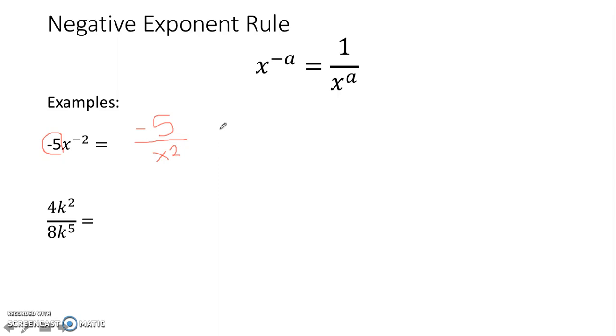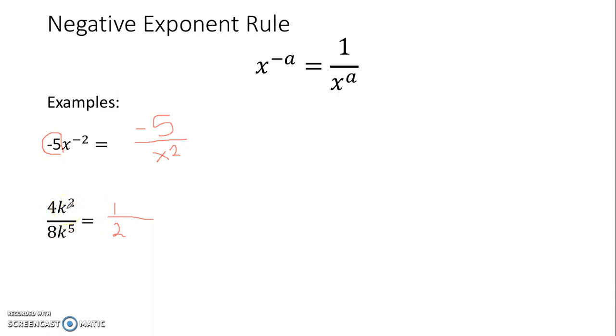Okay, the next one is 4k to the second power divided by 8k to the fifth power. Once again, we're going to do the same thing. This time we're going to be using the quotient rule that we learned earlier. I'm going to simplify 4/8 first, so we can see pretty easily that that is 1/2.